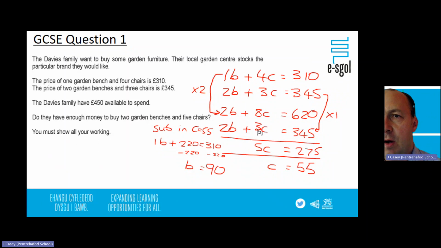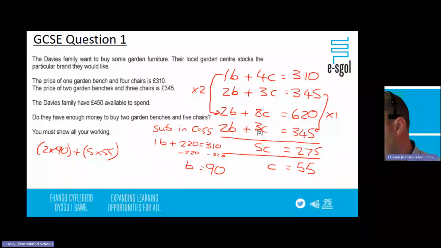Now at this stage, I'm fairly confident I've nearly finished the question, but it says they have enough money to buy 2 garden benches and 5 chairs. And of course, they've got £450 to spend. So let's have a look. So 2 benches, so I'm going to do 2 times 90. And I'm also going to do 5 times 55.